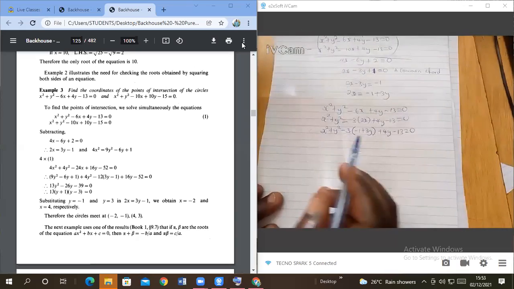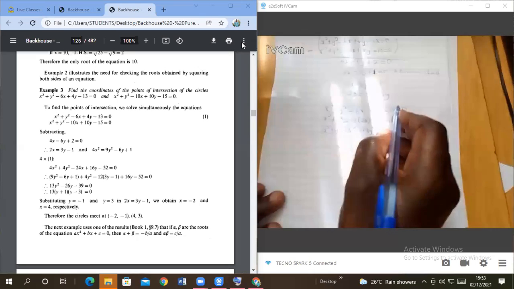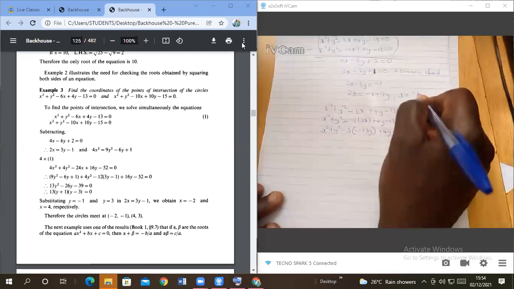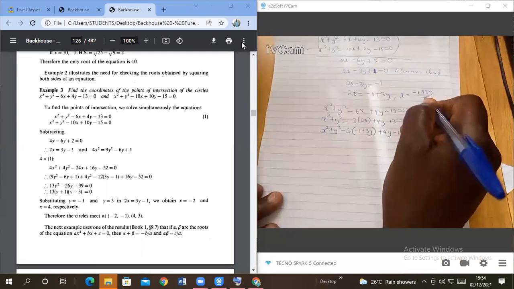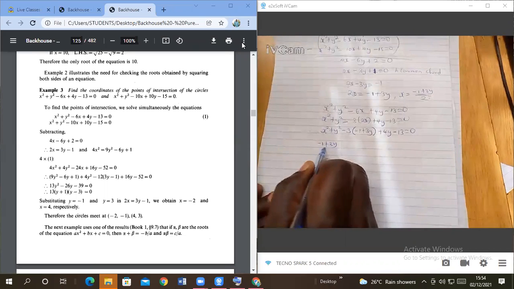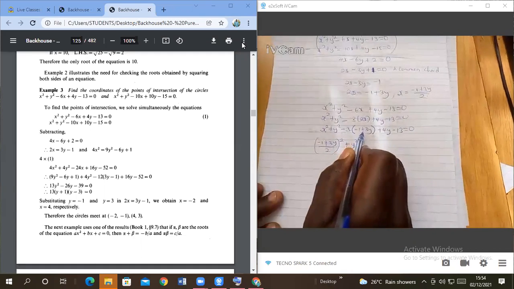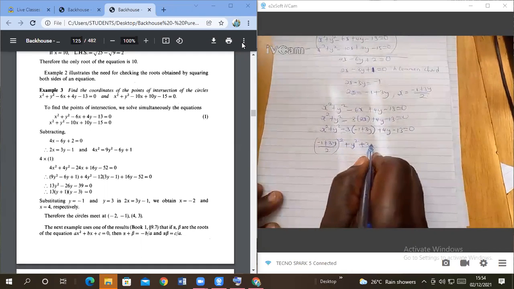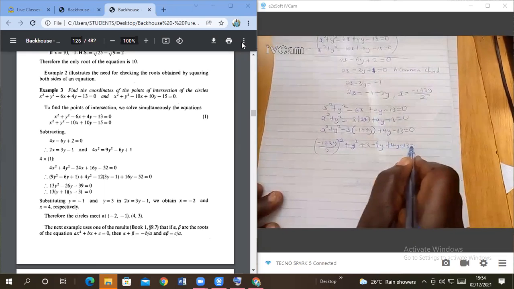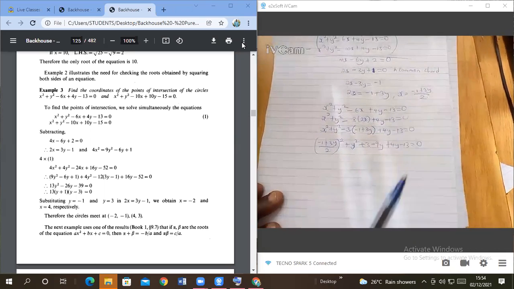Okay, this is x squared. So we can make x the subject here to simplify our work. This becomes negative 1 plus 3y over 2, squared, plus y squared. We open this bracket, and we shall have positive 3 minus 9y plus 4y minus 13 is equal to 0. Remember, I've substituted for x after making it the subject.